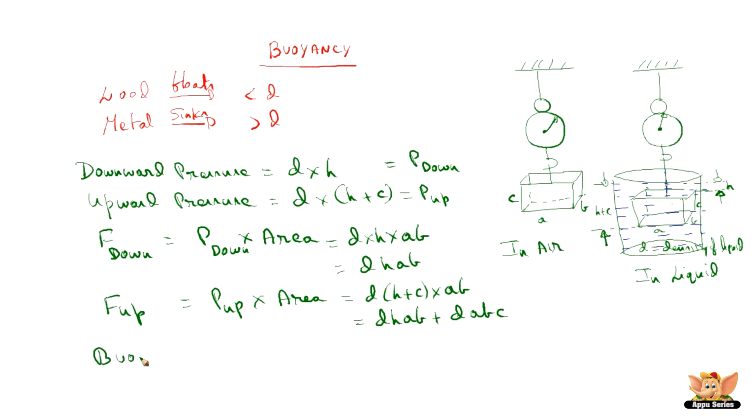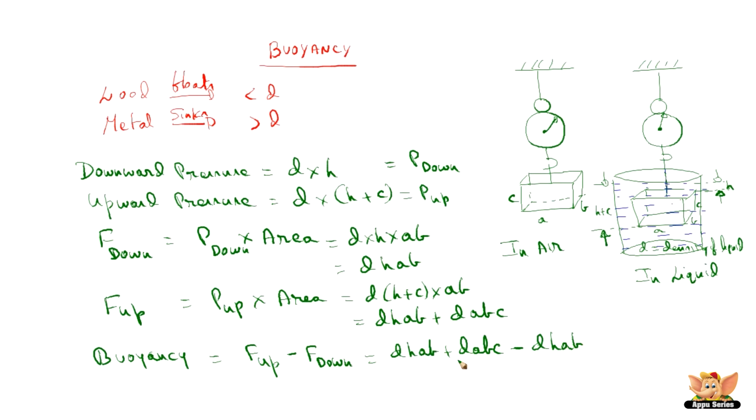Now, the buoyancy is defined as the difference in these two forces. So, the buoyancy is F up minus F down, because the body is sinking and F up is higher since it is acting on a greater length. So, F up is DHAB plus DABC, minus F down, which is DHAB.